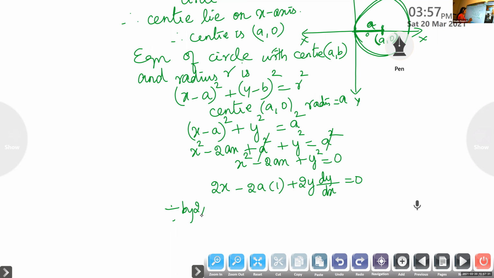When you divide by 2, what will you get? x minus a plus y dy by dx is equal to 0. So from here, x plus y into dy by dx is equal to a.